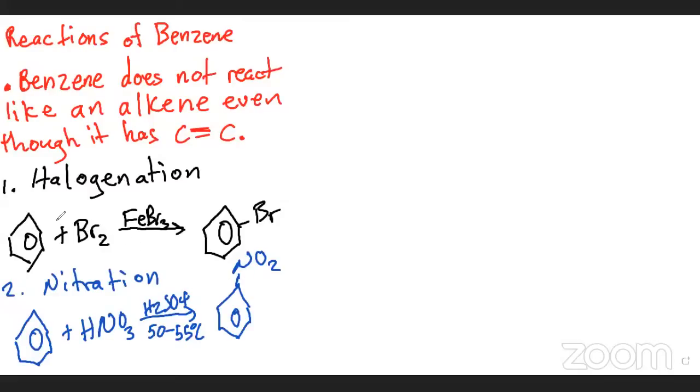So benzene with bromine, with the catalyst FeBr3. So unlike an alkene, where you would just add it, the reaction for benzene will not happen unless you have the catalyst.